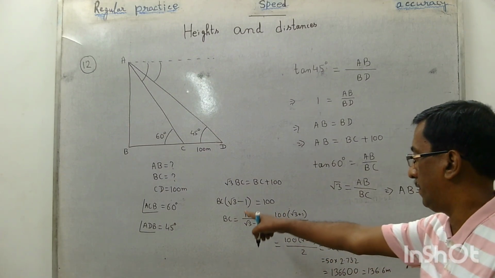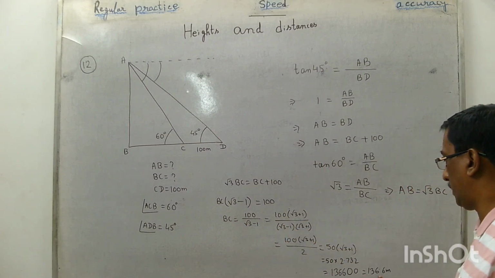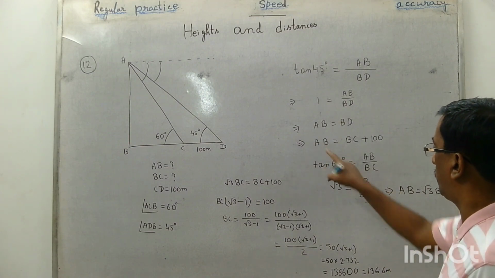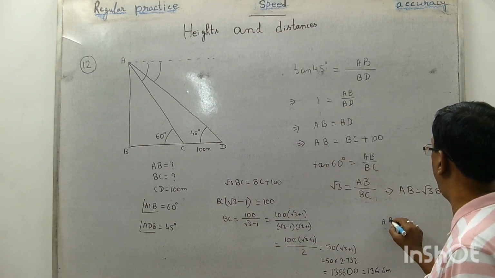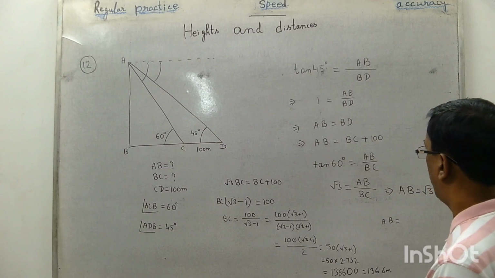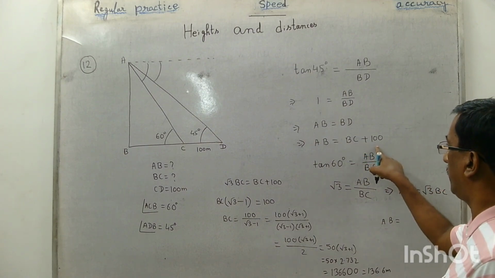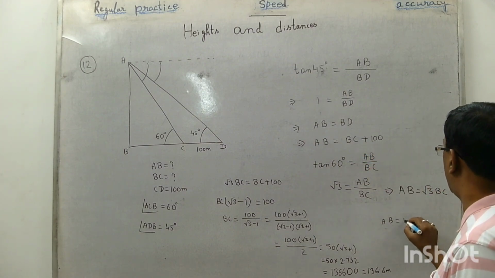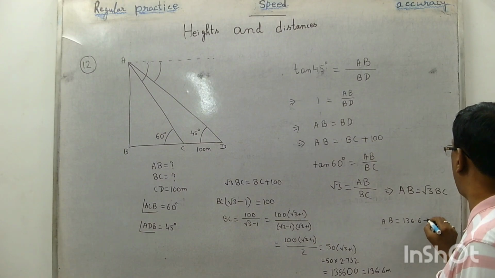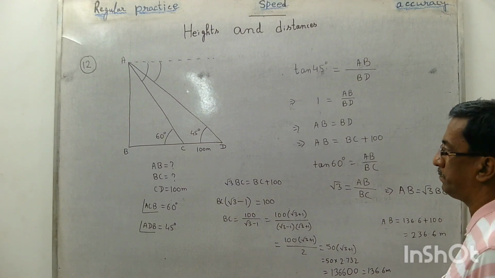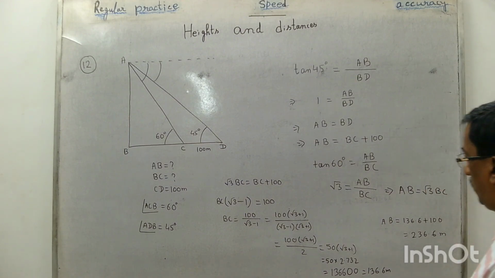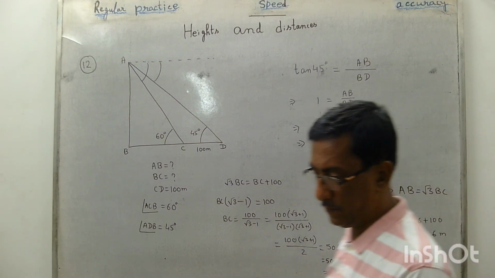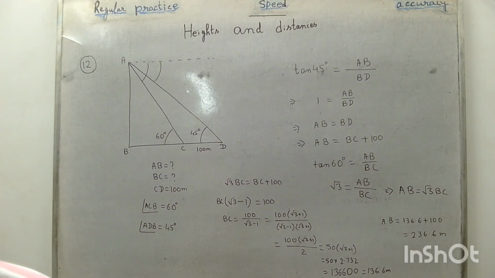This is BC, 136.6. So AB will be BC plus 100, 136.6 plus 100. It will be 236.6 meter. So 236.6 meter. देखते हैं एक बार आंसर क्या है.